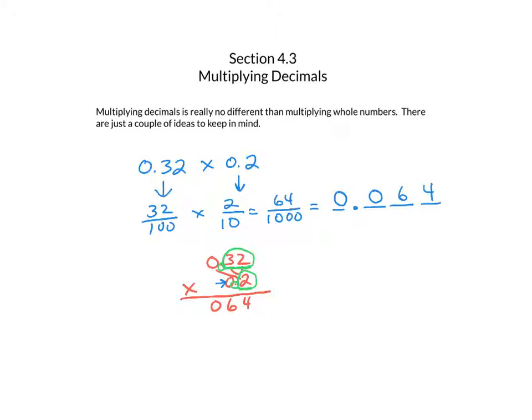So since there are 3 numbers after the decimal point in my problem, I need 3 numbers after the decimal point in my answer, which means that I would put my decimal point right before the 0, so I have 3 digits after that decimal point. Once again, lots of times you do put another 0 in front of that, just so that in case you don't write a very big decimal point, you do know that it's 0.064.